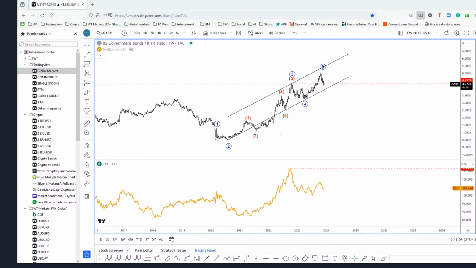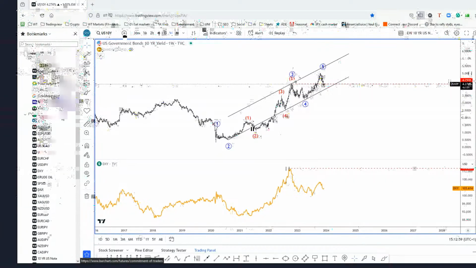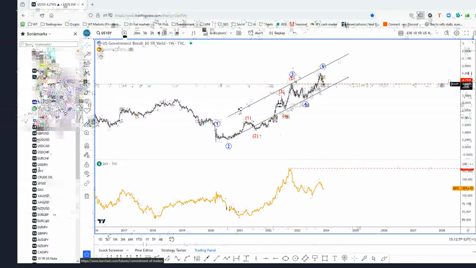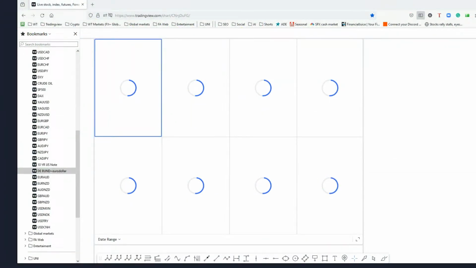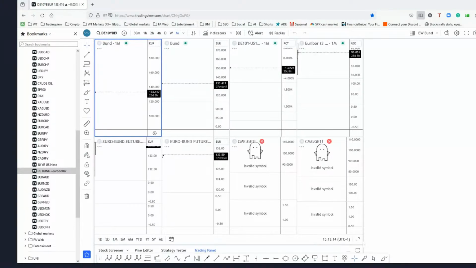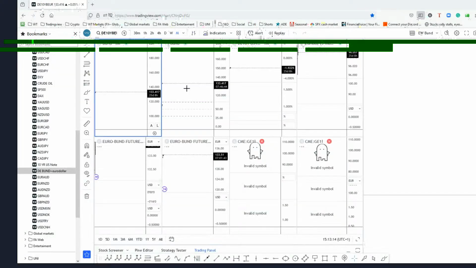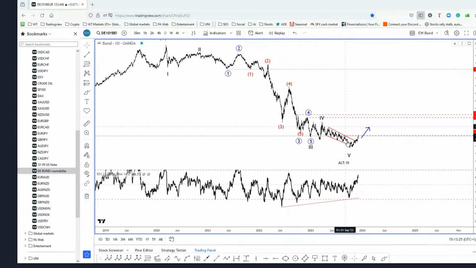Also, if we take a look maybe at bunds, now I will try to be a bit slow here so that maybe the charts will not lag that much. As you will see on this chart, they're also seeing some very nice recovery here.